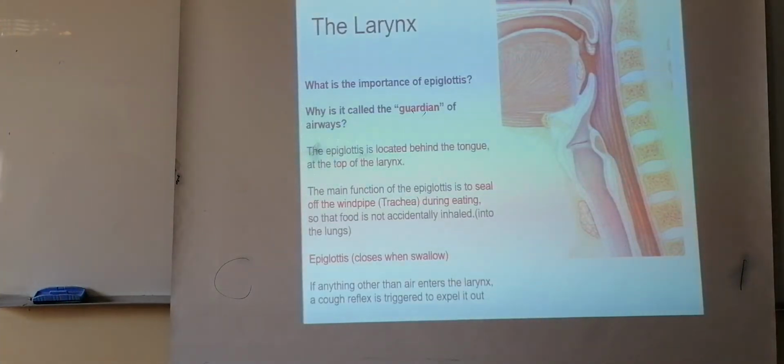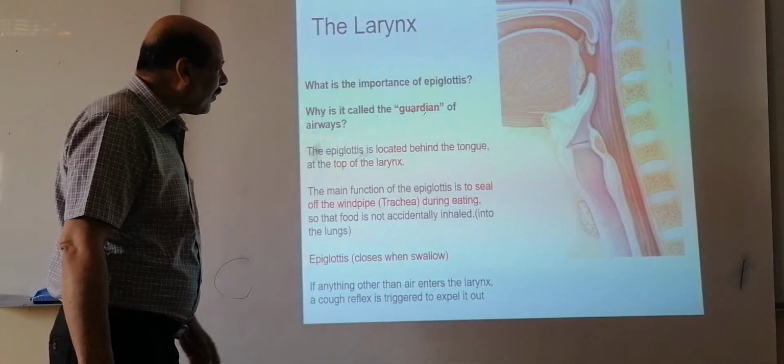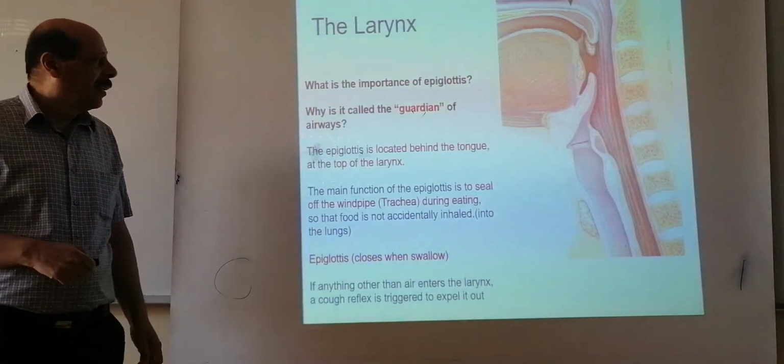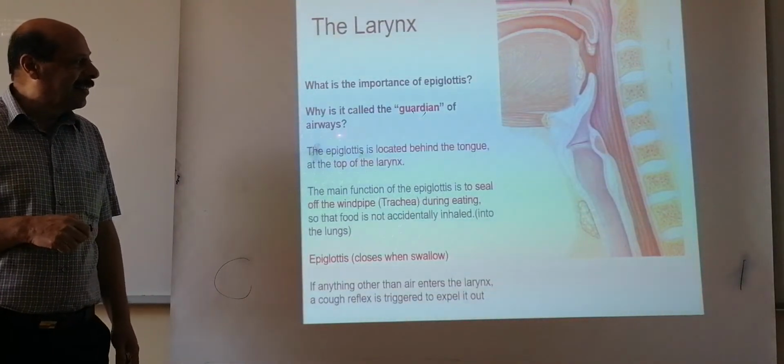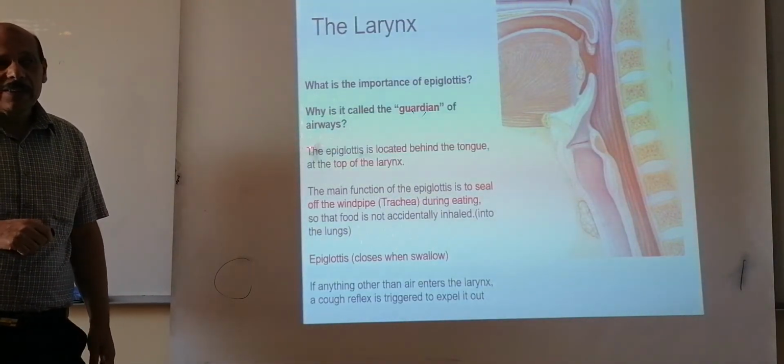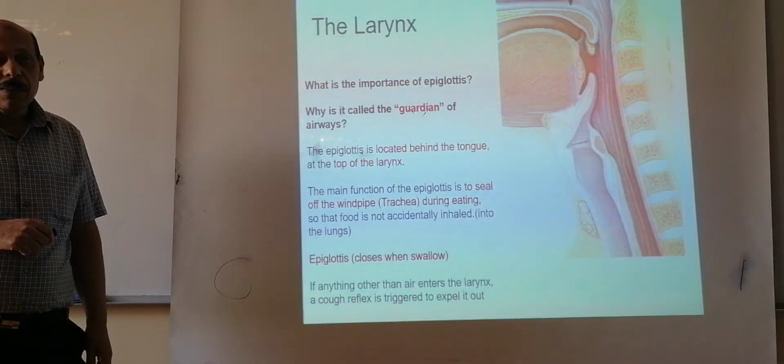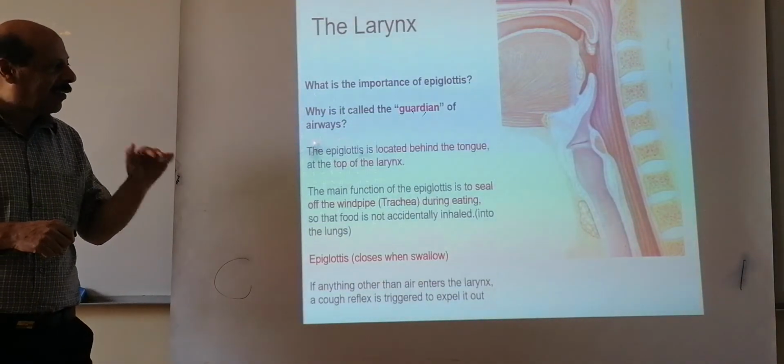During swallowing, it prevents the food from going to the airway, to the lung, to the trachea. So it will close the larynx. It is called the guardian of the airway, so it will protect the airway.